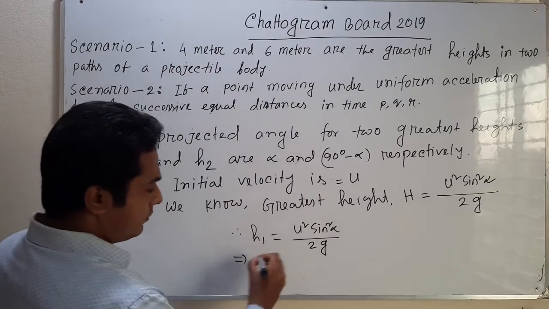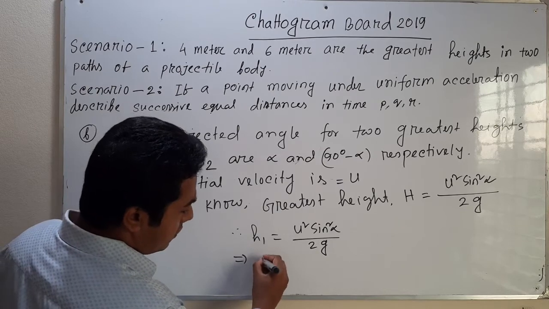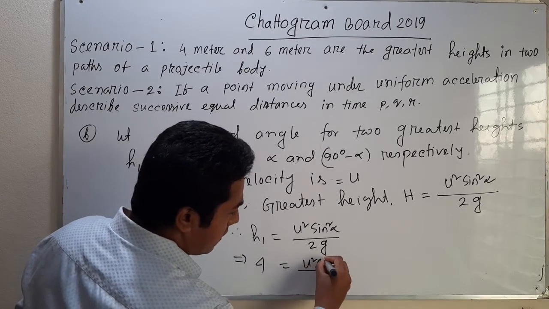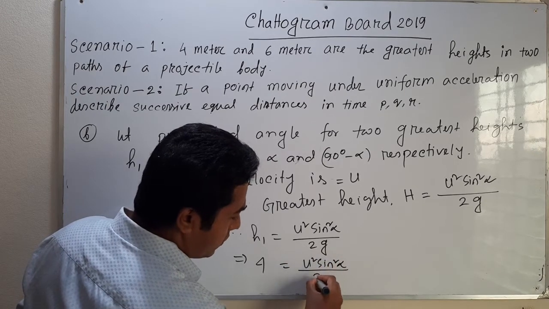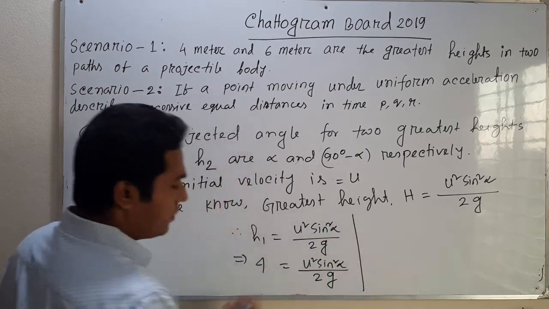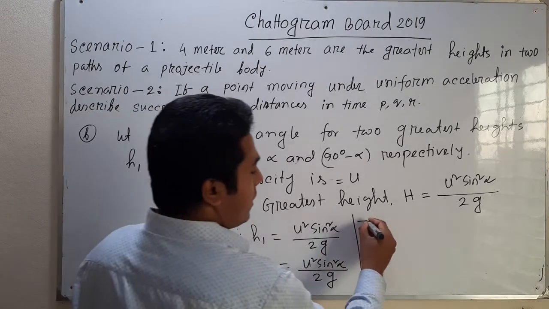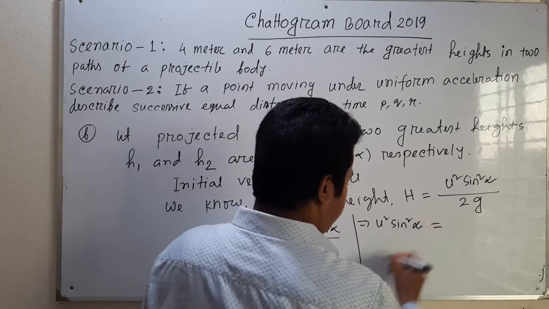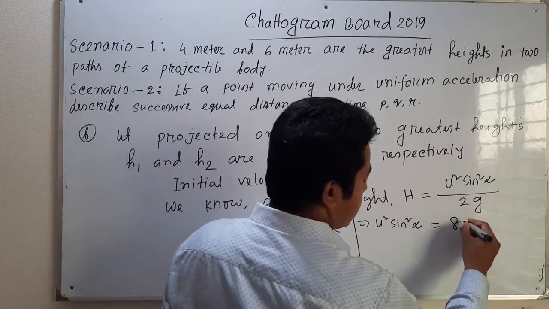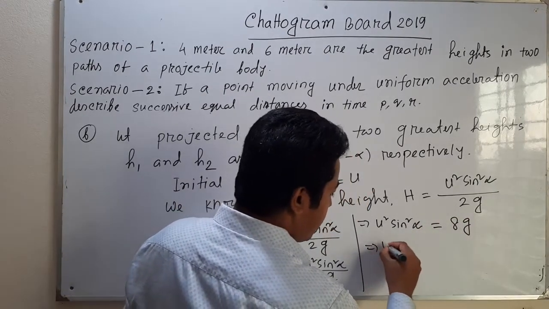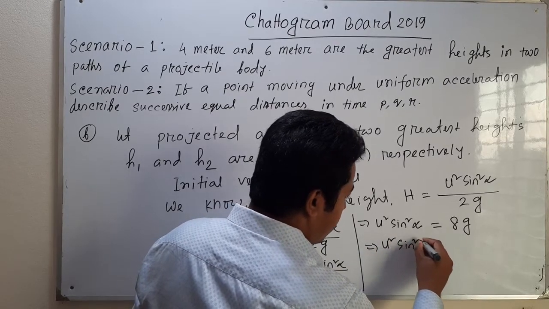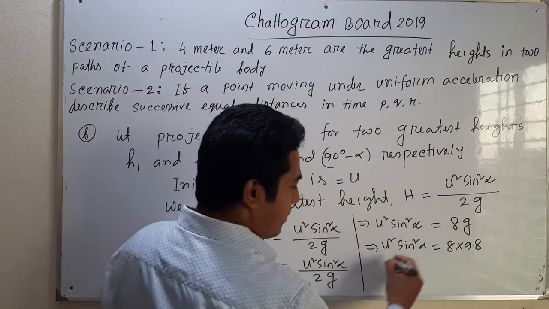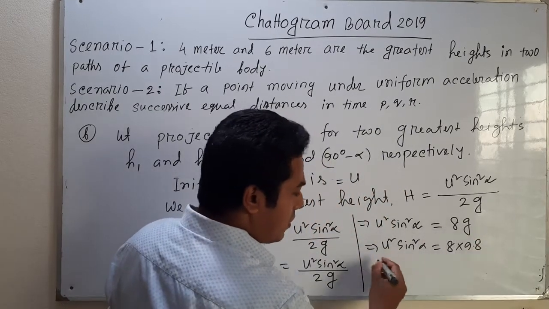So h1 is equal to 4 meter, equal to u square sin square alpha divided by 2g. So u square sin square alpha is equal to 8g, that is 8 into 9.8, because the value of g is equal to 9.8.